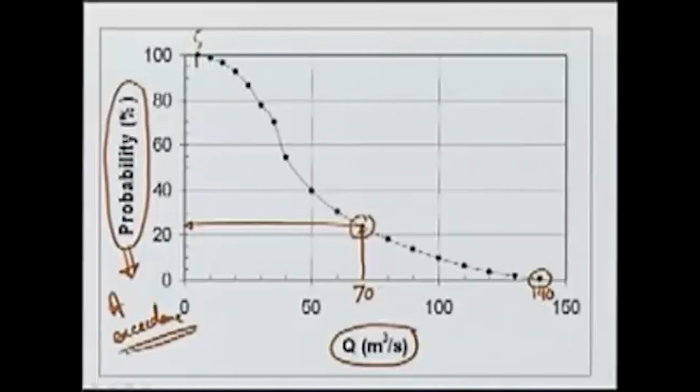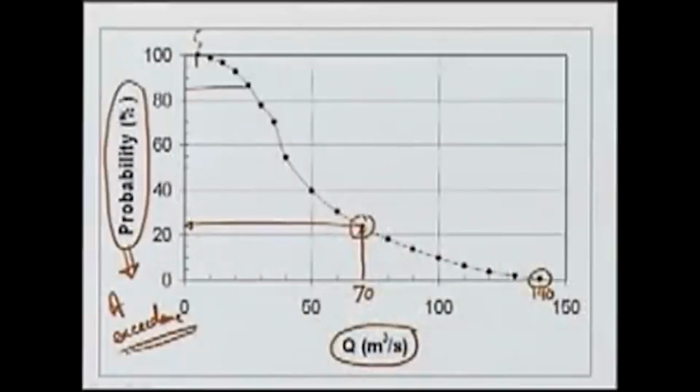So, this gives us a flow duration curve, and we can use this curve to obtain the reliability of a certain discharge. For example, when we design, let us say, a power plant, we want some discharge which will be available, let us say, 85% of the time. So, we can look at this and say that our 85% dependable discharge is about 25 meter cube per second.